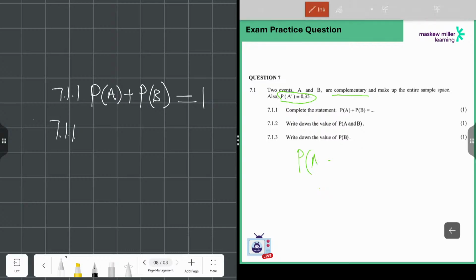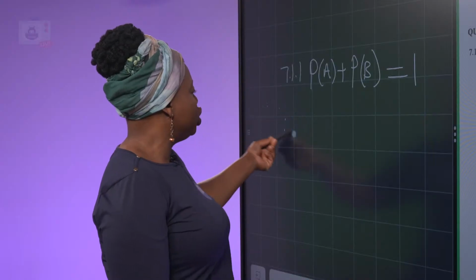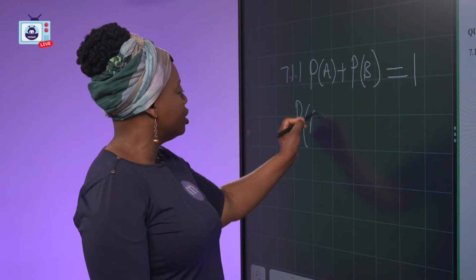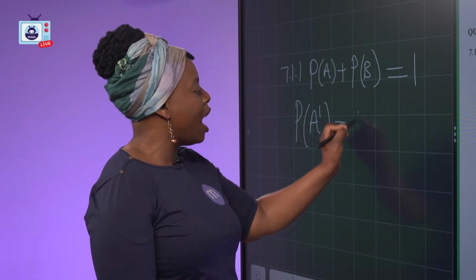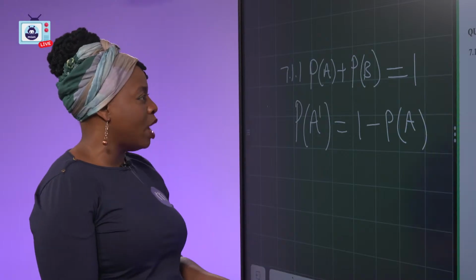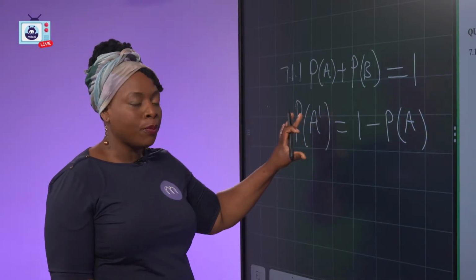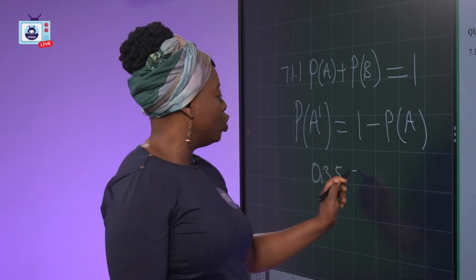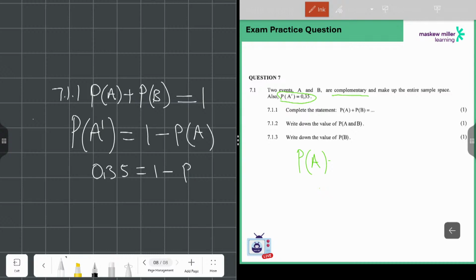They can ask you to find the probability of A. So what you do is take what you are given and use the statement that the probability of not A is 1 minus the probability of A, just like we did on the previous one. Then you substitute your probability of not A, which is 0.35, and you work it out until you get your probability of A.